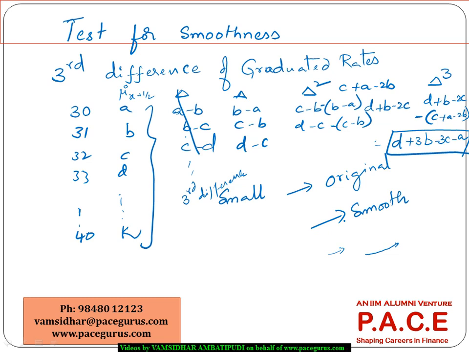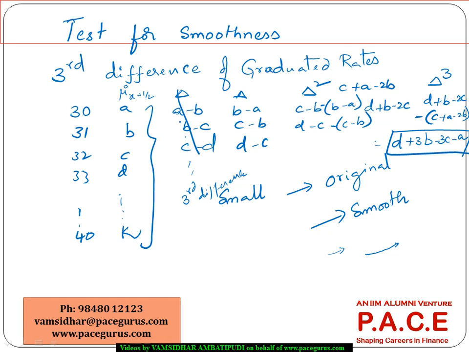When these two things are happening, we can very well say that these graduated rates are smoother, right? So that is one important test we can use for testing the smoothness of the graduated rates. Alright.